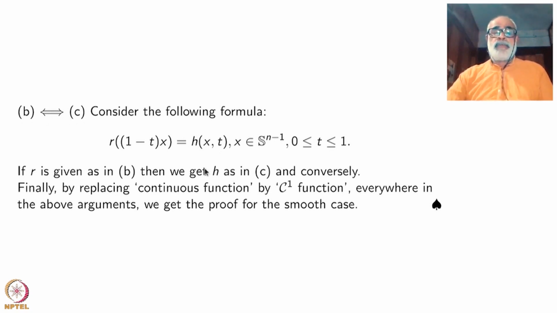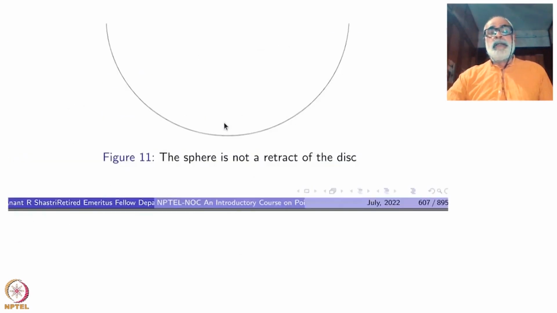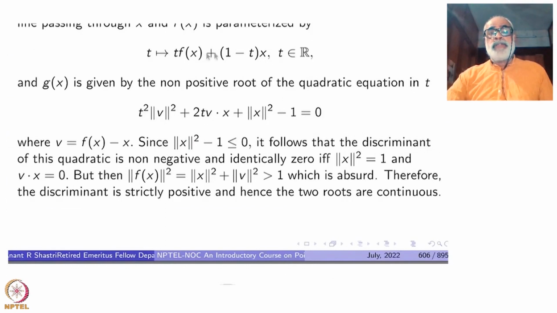Now comes the part wherein we take everywhere C1 functions. If this is C1, then that is C1 and vice versa. So there is no problem when B implies C. In here, if fx is a C1 function, these roots are also C1 functions. In fact, they are analytic functions. Roots of a polynomial, wherever they are strictly positively defined, are analytic functions.